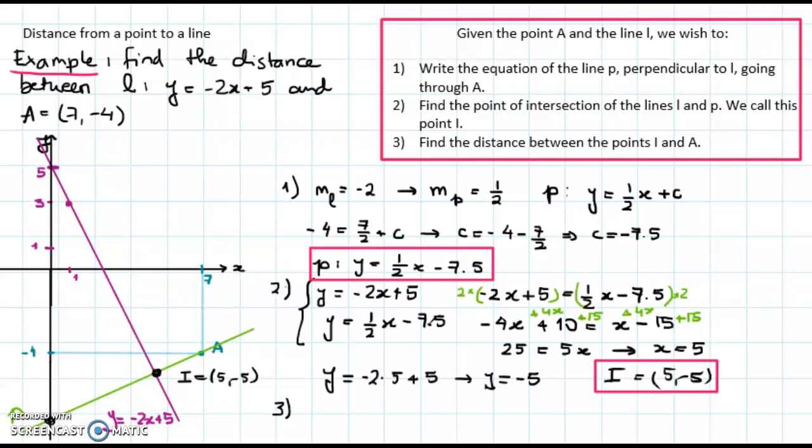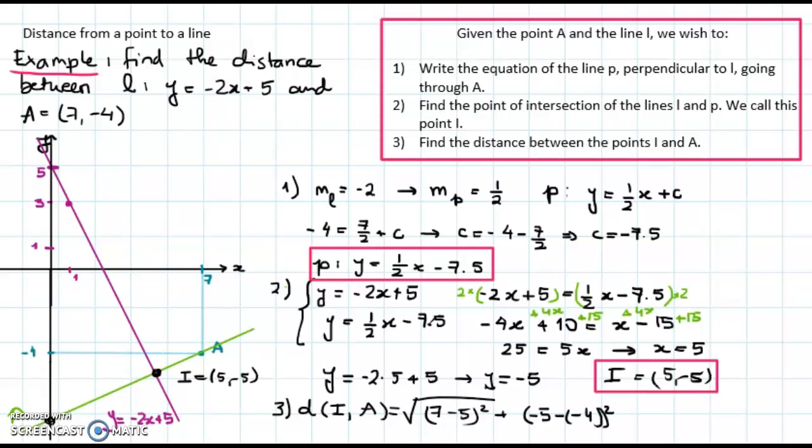And we need to complete now the third step. We need to find the distance between the point I and the point A. We do this by applying the distance formula. We need to look at the difference between the x-coordinates squared and sum the difference between the y-coordinates squared.